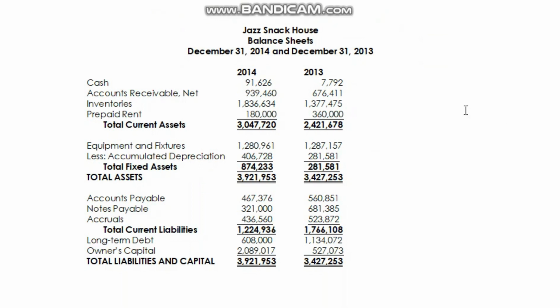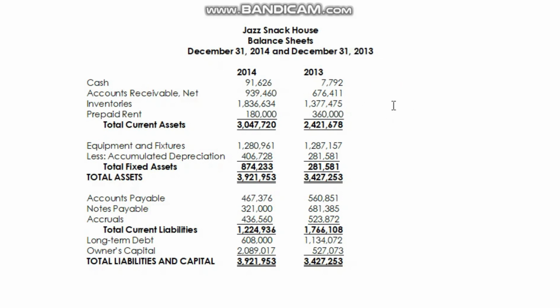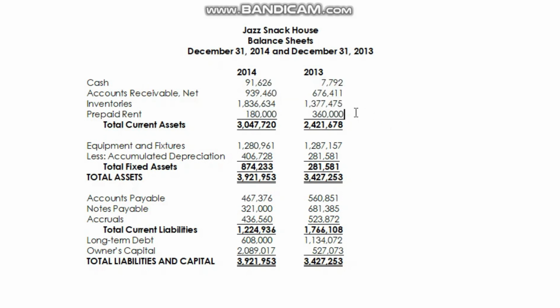You also need to get the change in amount and then the percentage. Your denominator would be the 2013 value. If the 2014 value is smaller, then definitely you're going to have a negative value for the change in amount and also a negative percentage of change. You're going to compute for all the items.